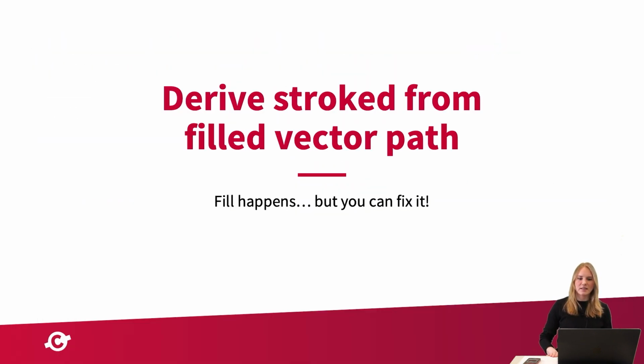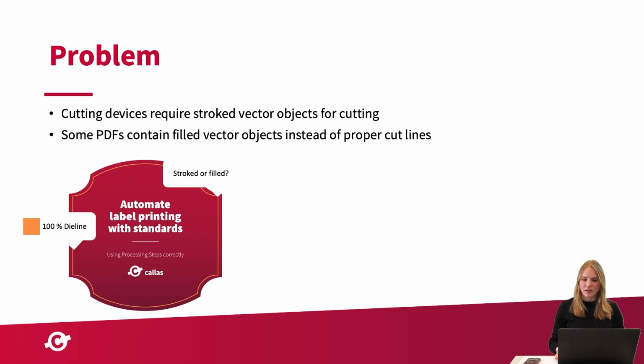Let me come back to the last one in the session. This is Derive stroke from filled vector path. If you're working with PDF files that contain cut lines, you may know that a cut line has to be a stroked vector object, so that cutting devices can interpret the cut line properly.